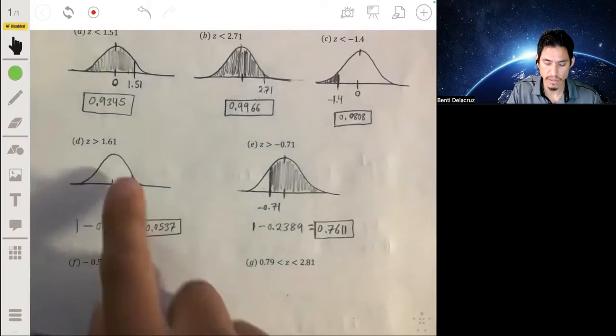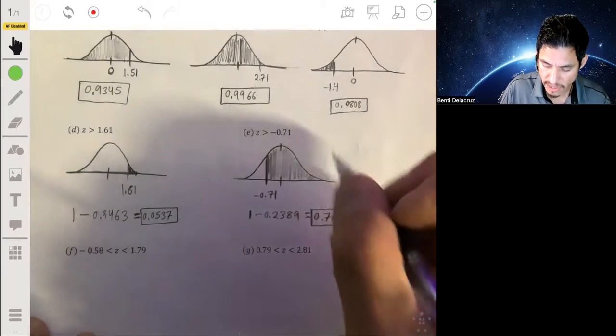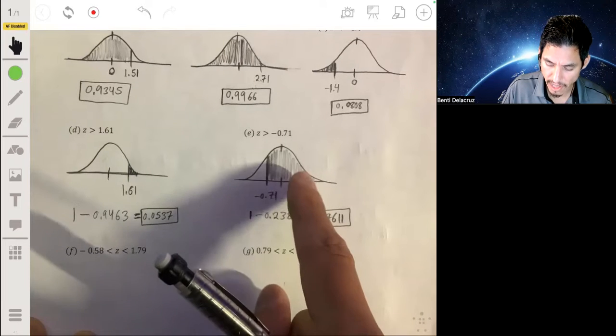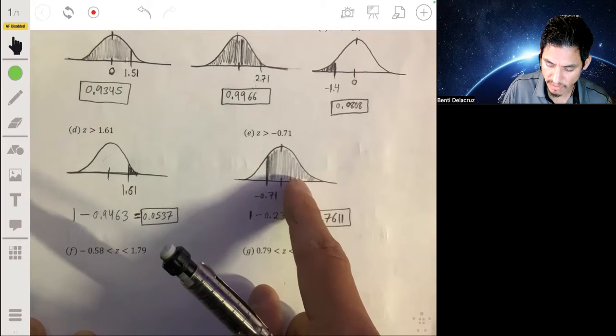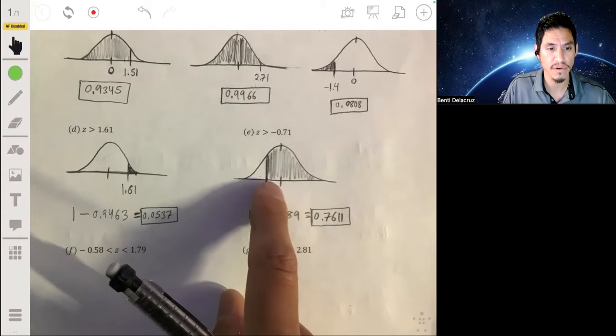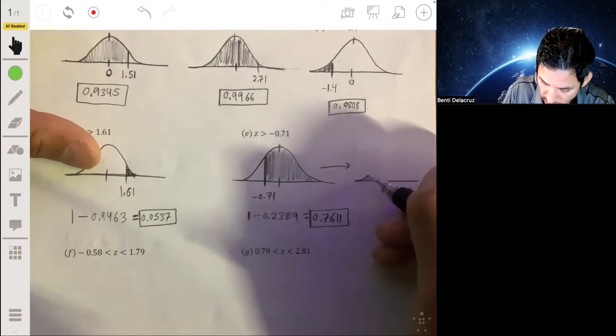Now, another way to do these ones is if you are picking up on this pretty quickly. Since this is a symmetric curve, the area to the left of negative 0.71 is the same as the area to the right of 0.71. So let me just draw another sketch right here.